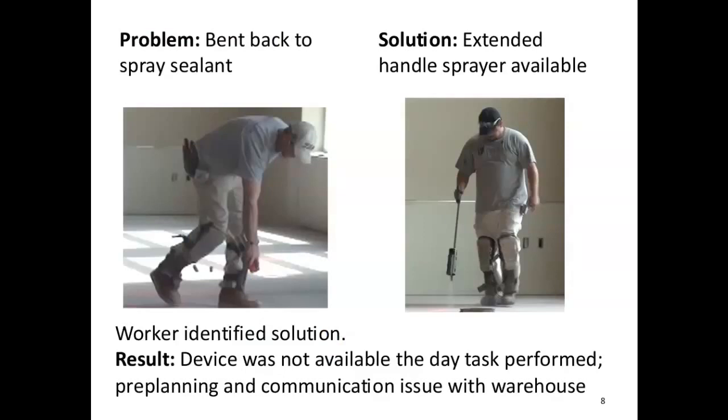There was a very cheap solution, which was an extension that could be applied to the spray can, and that was a worker-identified solution. However, unfortunately, the day the individual had to perform this task, the solution, the extended handle, was not available. Having these devices available is important. They must be planned for and communicated in order to be available when needed.